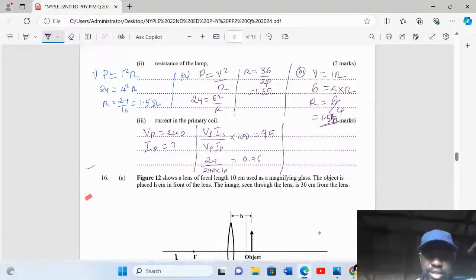Making IP the subject of the formula, we will multiply with this.